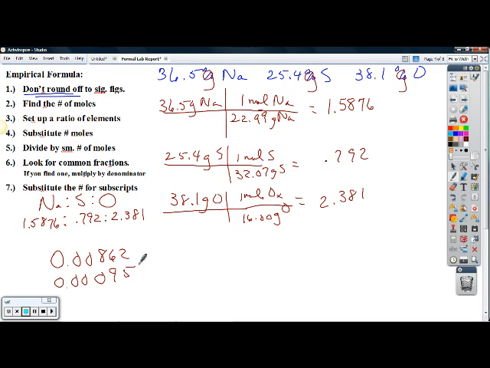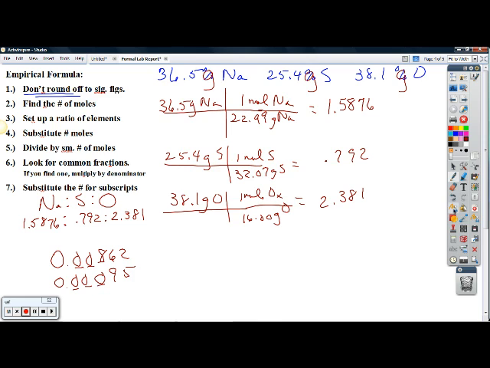But you have to go decimal place by decimal place when you compare. So you compare the first decimal place, they're both zeros. You compare the second decimal place, they're both zeros. And then you compare the 8 to the 0, and the 0 is smaller. So don't get that part wrong.